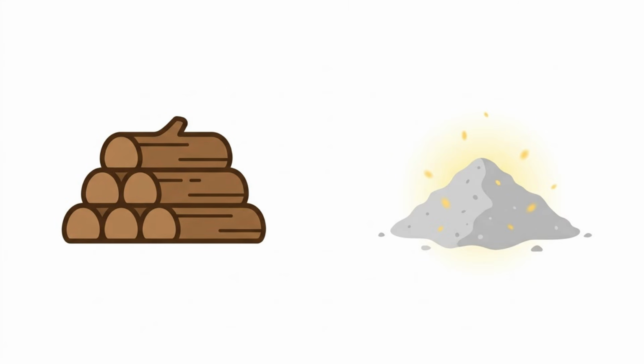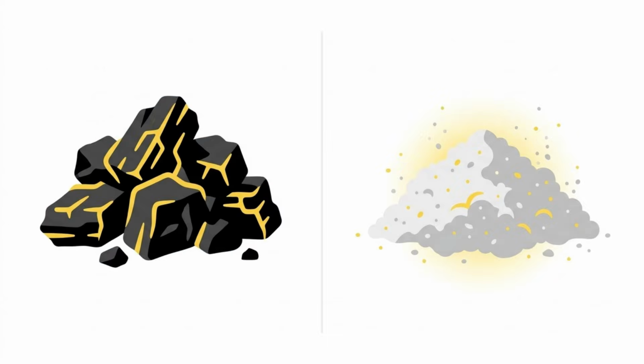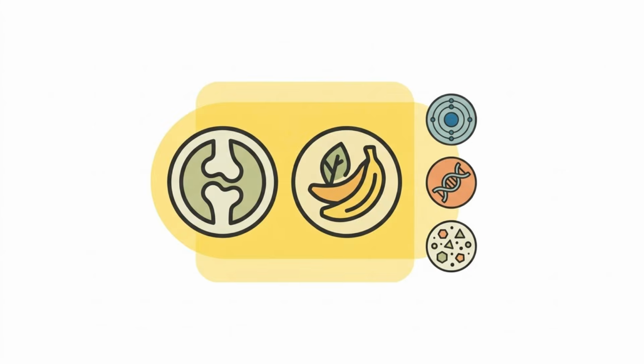Wood ash is what remains after wood has burned completely. It is not the charcoal that forms when wood burns incompletely and is smothered before it finishes, which is a different material with different properties. True wood ash, the fine gray powder from a clean burn, is primarily calcium carbonate and potassium carbonate, with smaller amounts of magnesium, phosphorus, and a range of trace minerals.